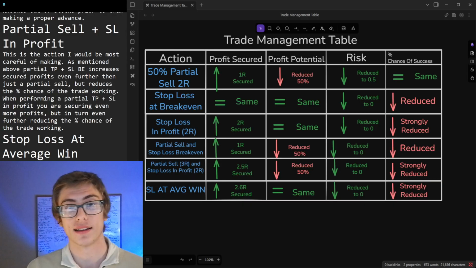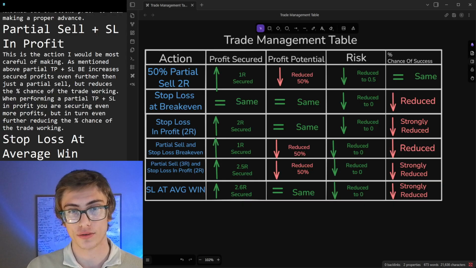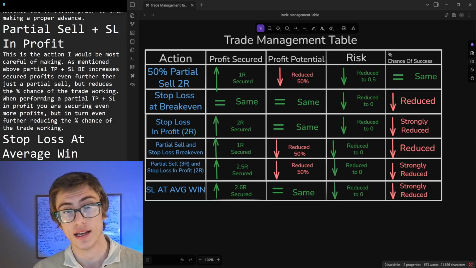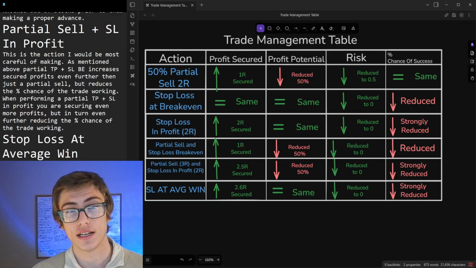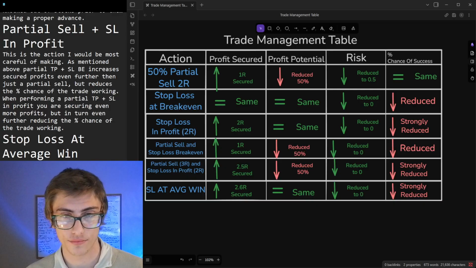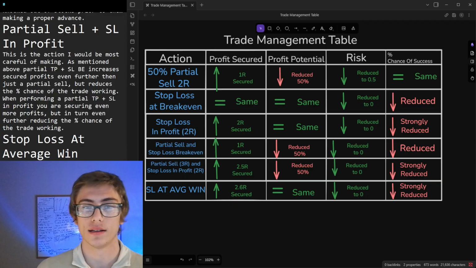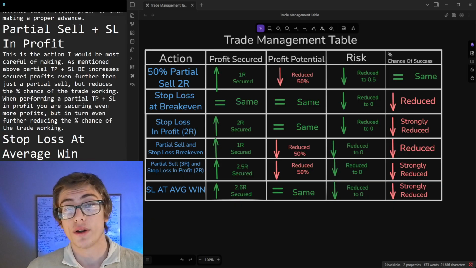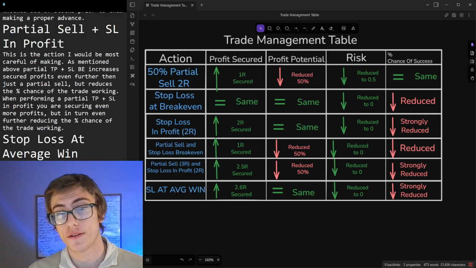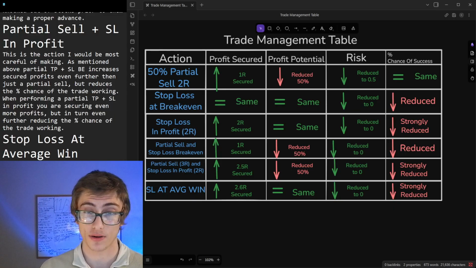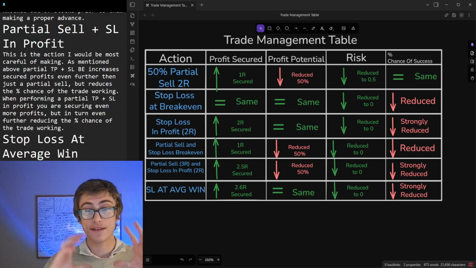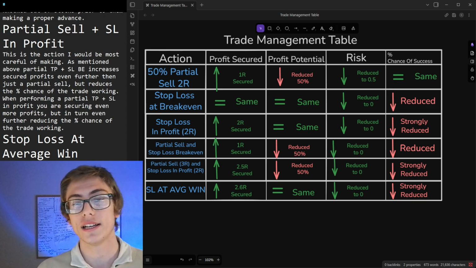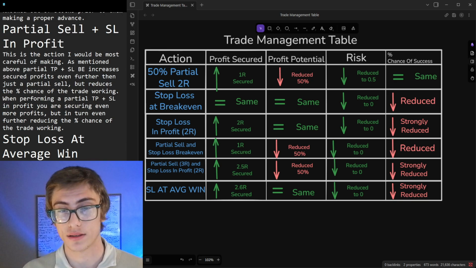So as mentioned above, partial take profit plus stop loss at break even increases secured profits even further than just a partial sell, right? But it also reduces the percentage chance of the trade working. Now, when performing a take profit plus stop loss in profit, you are securing obviously even more profits, but in turn, you are even further reducing the percentage chance of your trade working.